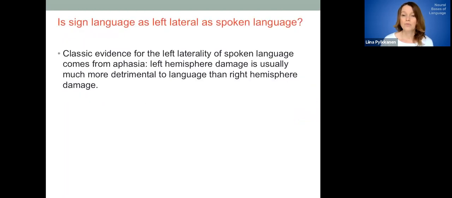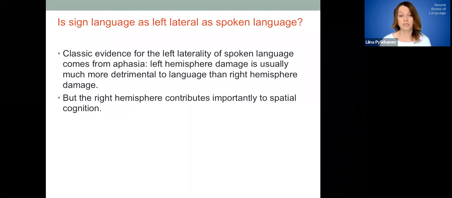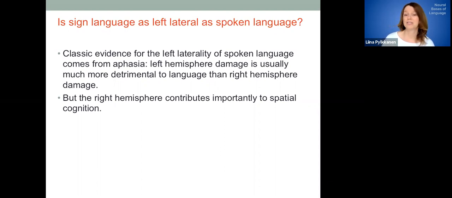Okay, so for spoken language, we of course have very classic evidence from aphasia for its left laterality. So we know that left hemisphere damage is usually much more detrimental to language than right hemisphere damage. But interestingly, for sign language, the right hemisphere is considered to contribute importantly to spatial cognition.